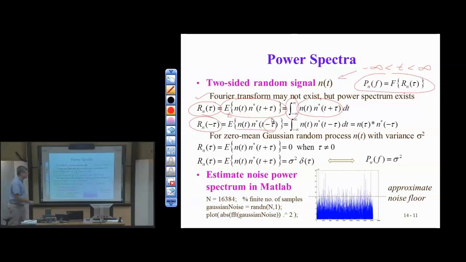We end up with the same integration over all time, an averaging effect over all time, and now it looks like convolution. We hold a signal n of t in place, and we flip and slide another signal about it. To make it work in convolution, we have to flip the time axis in the convolution argument, and it all works out.